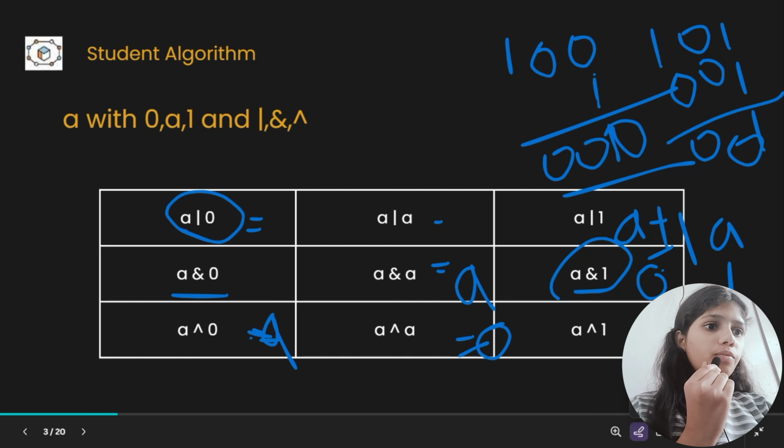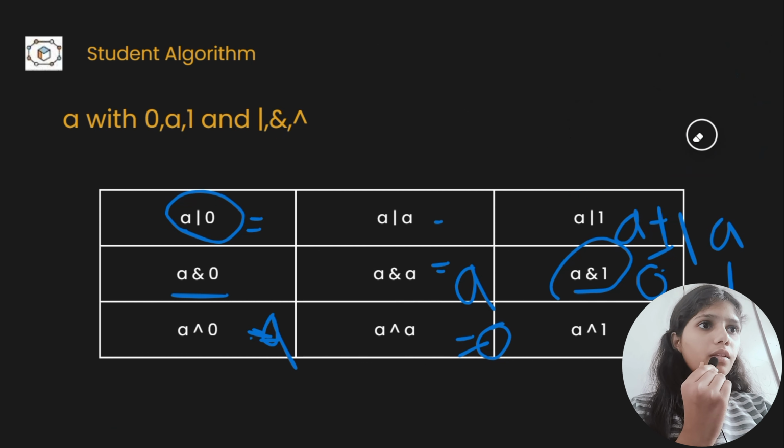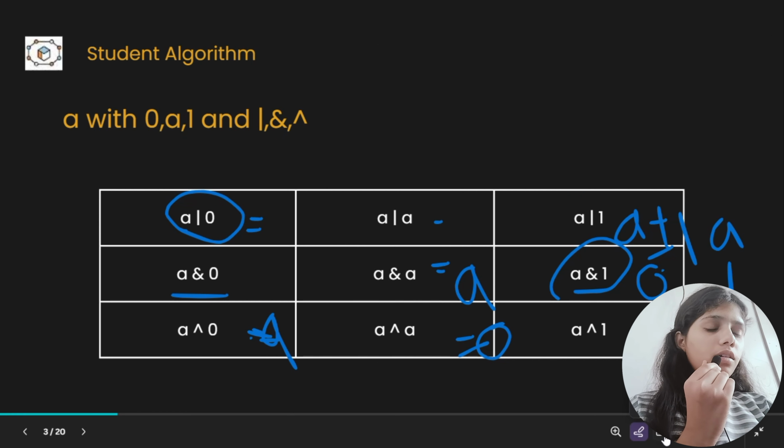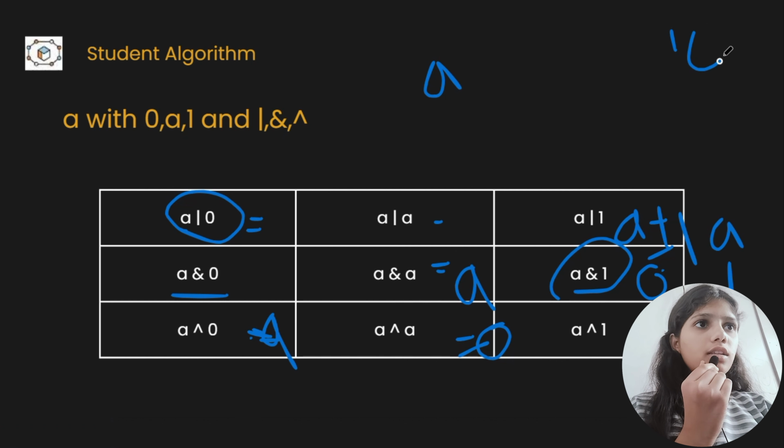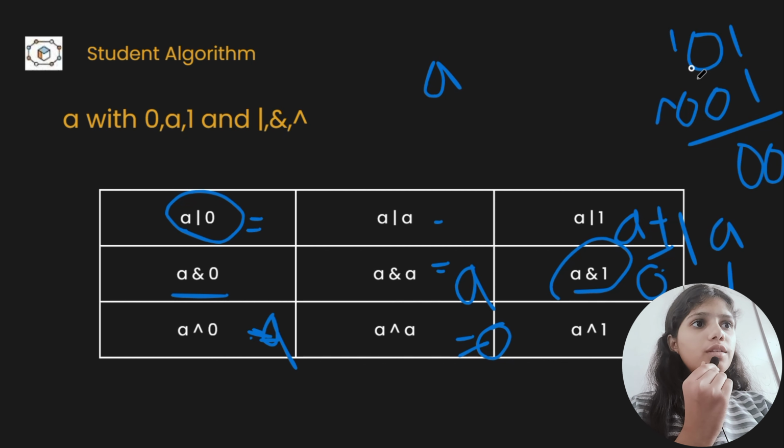Next, let's move to A XOR 1, like 1 0 1 and 0 0 1. Now let's perform the XOR operation. 1 XOR 0 is 1, 0 XOR 0 is 0, 1 XOR 1 is 0.